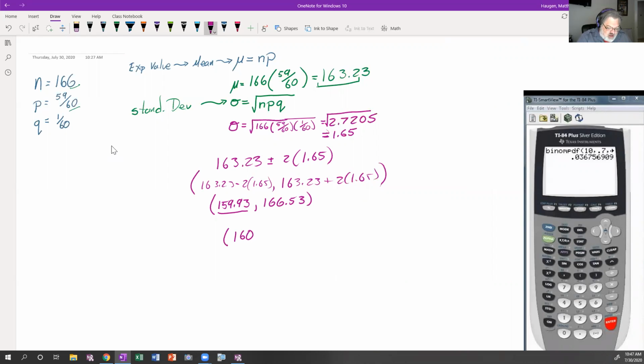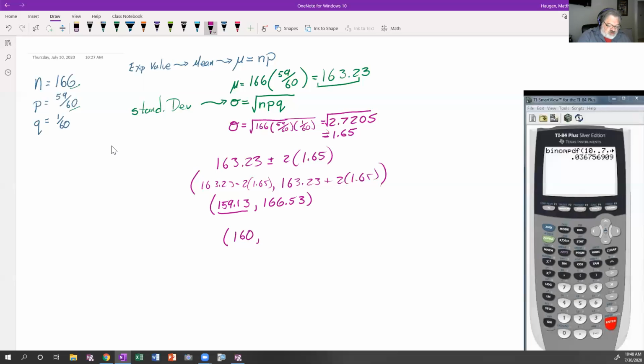Now that might seem like, oh, okay, that's normal. But even if this turned out to be 159.13, we'd still round up to the 160, because 159 would still be unusual. Fair? We're not rounding to the nearest here.